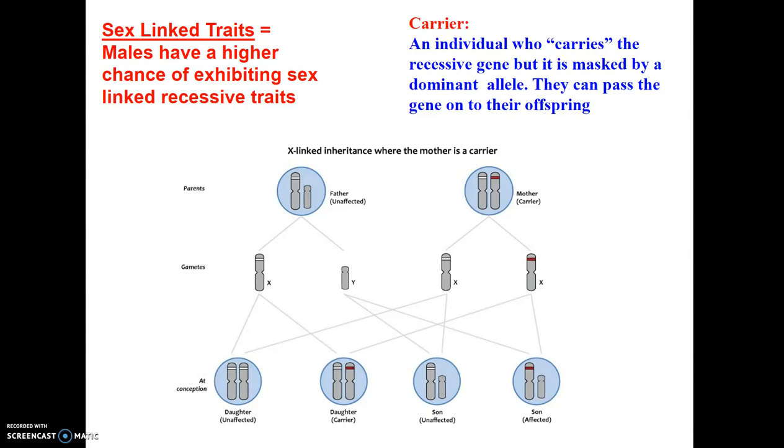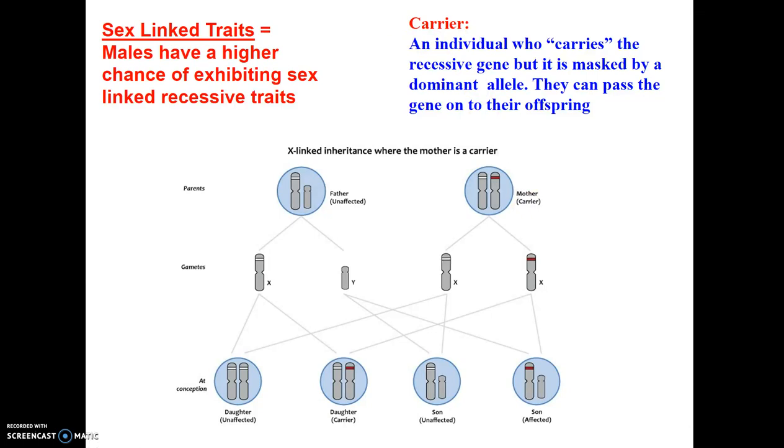Another term that I want to go over here, we usually bring it up when we talk about X-linked traits, but it can be referred to in any kind of autosomal passing down of traits as well, is the word carrier. In this case, you can see it in this image here where the mother is a carrier. Really, when we say carrier, we're just talking about an individual who carries that recessive gene.